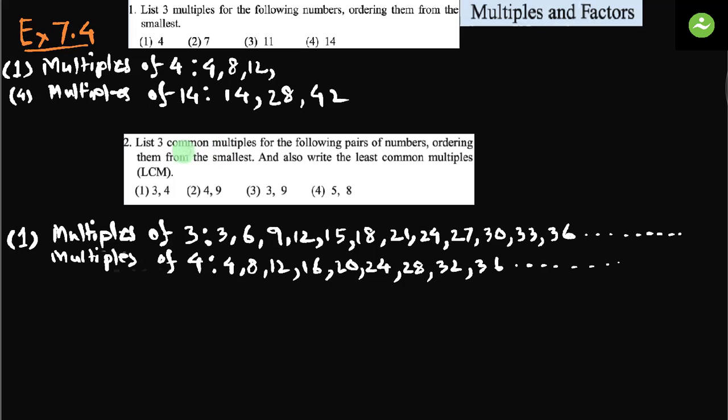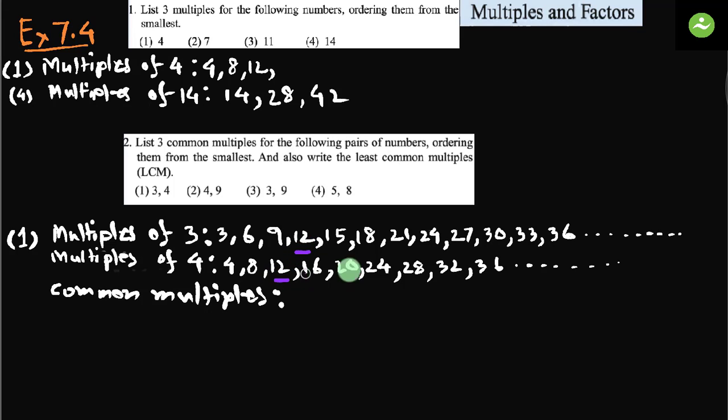Now we have to write the common multiples of this pair, 3 and 4. Which are the common multiples? Let's look for multiples that exist in both. 3 is not here, 6 is not here, 9 is not here, 12, yes, 12 is here.